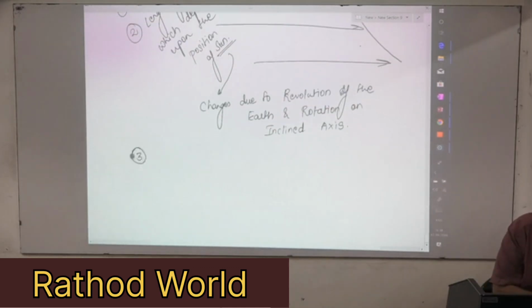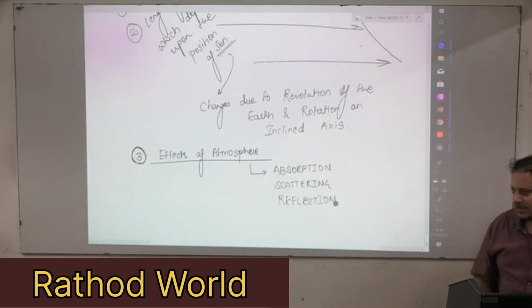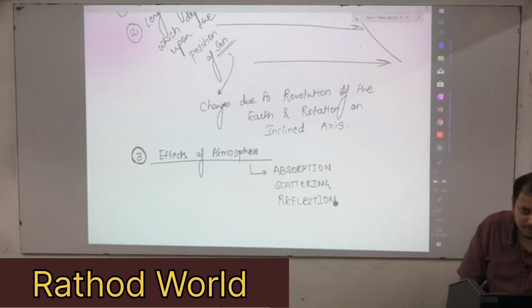The third factor that affects the insolation is the effects of the atmosphere, in the form of absorption by the aerosols, scattering of the particles, reflection, etc. That is, the sun rays will be absorbed by some of the aerosols, will be scattered, generally blue light, and some part will be reflected.